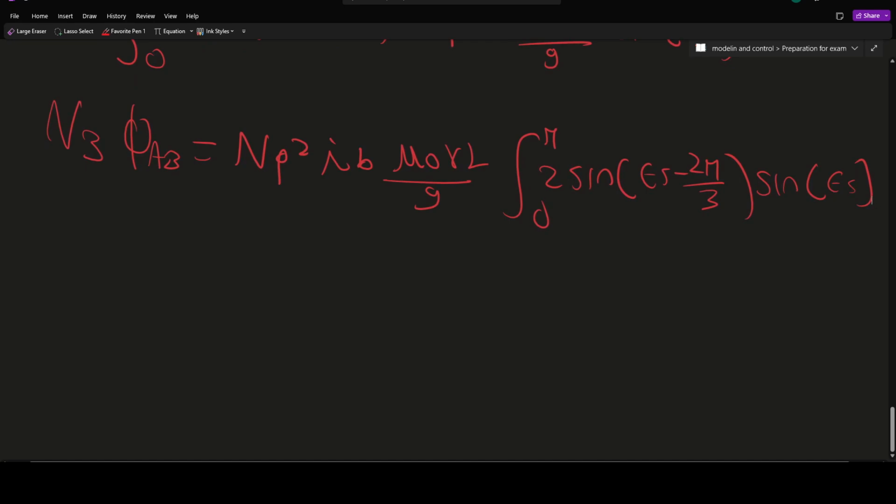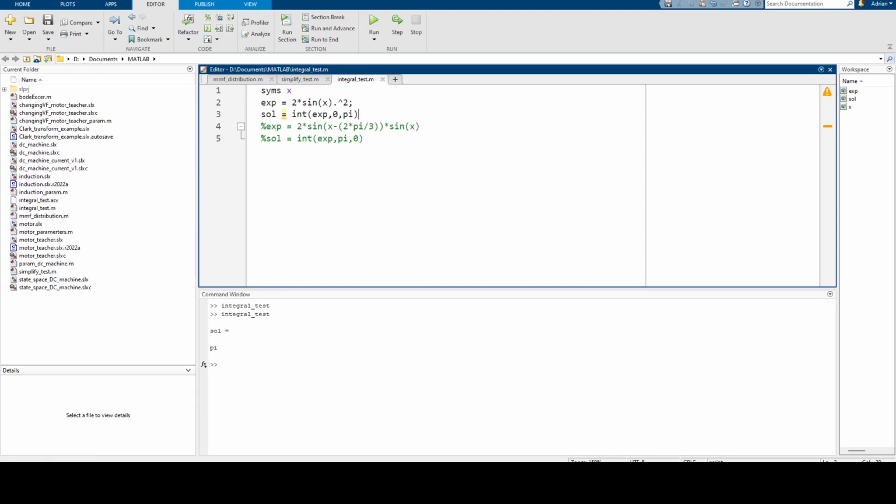Okay, so now this is going to equal N_P squared I_B mu naught R L over G, and again I just plug this into MATLAB. So I'm going to comment this part.